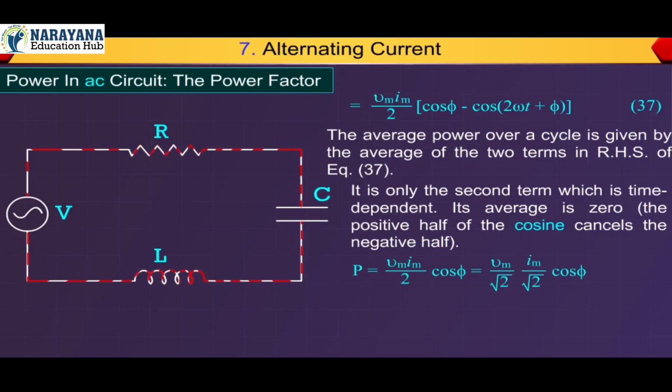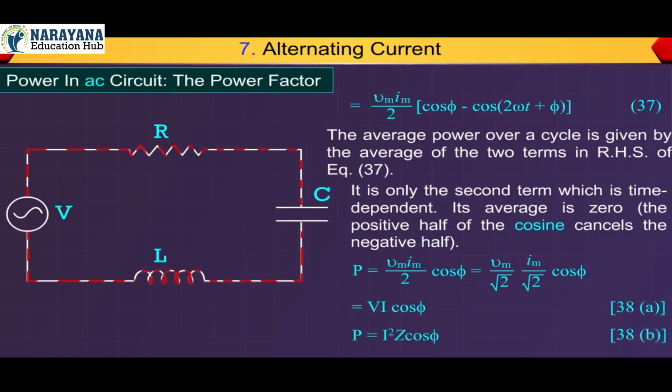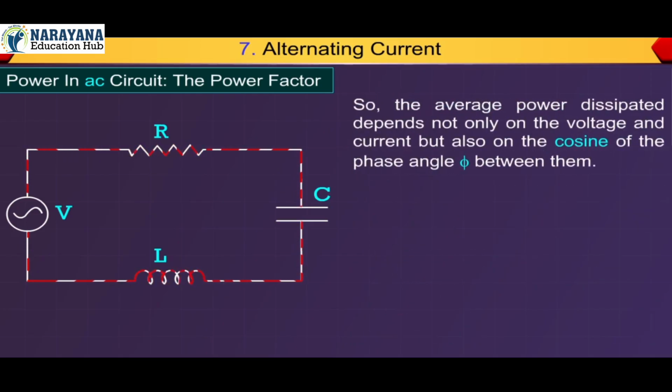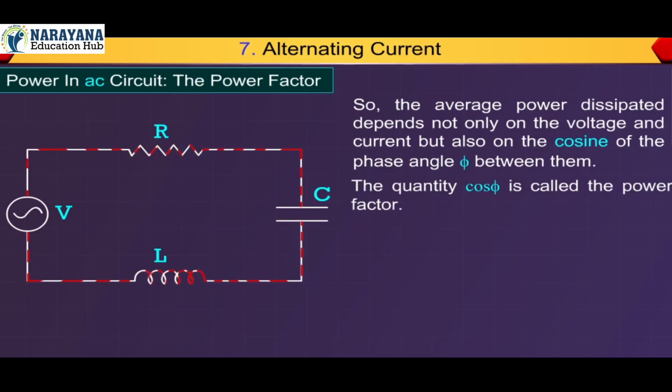Therefore, P is equal to Vm Im upon 2 cos phi is equal to Vm upon root 2 into Im upon root 2 cos phi is equal to VI cos phi, equation 38a. This can also be written as P is equal to I square Z cos phi, equation 38b. So, the average power dissipated depends not only on the voltage and current, but also on the cosine of the phase angle phi between them. The quantity cos phi is called the power factor.